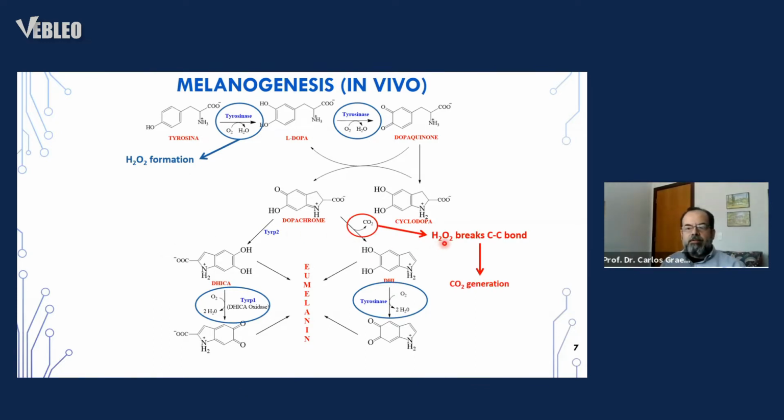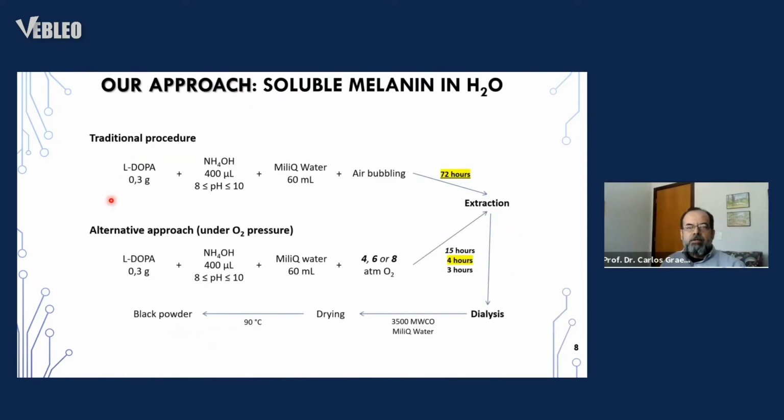What is especially interesting is that it breaks the carboxylic acid. So you can change the functions in the final material if you change the synthesis a little bit. But in nature, this is done enzymatically, where it consumes the H2O2, so we normally have a predominance of carboxylic acid in natural melanin.